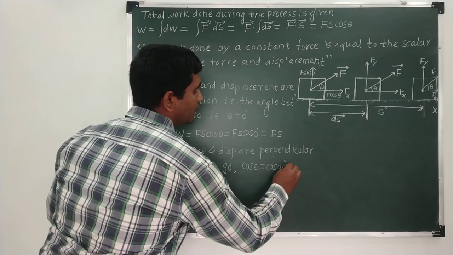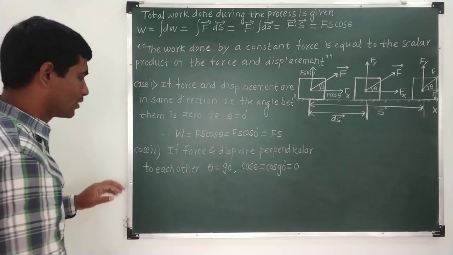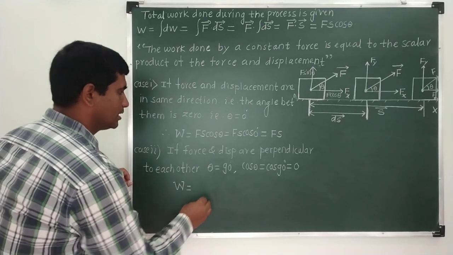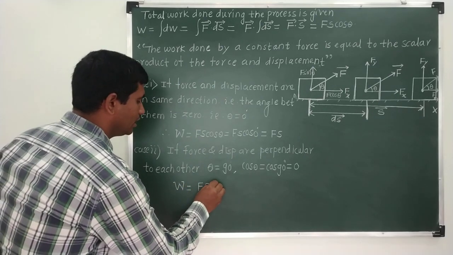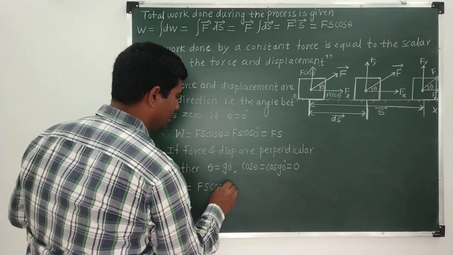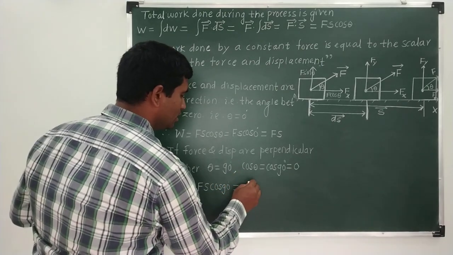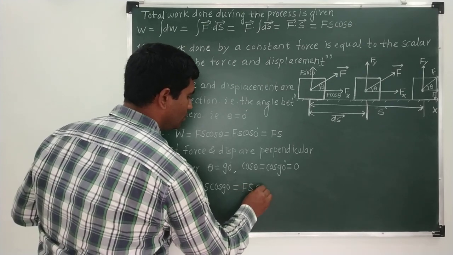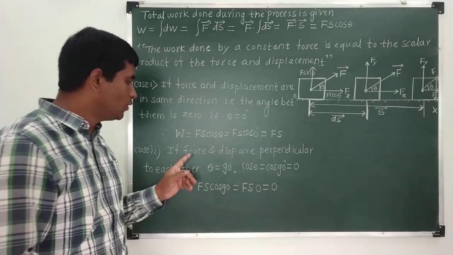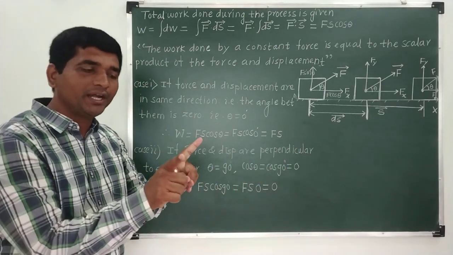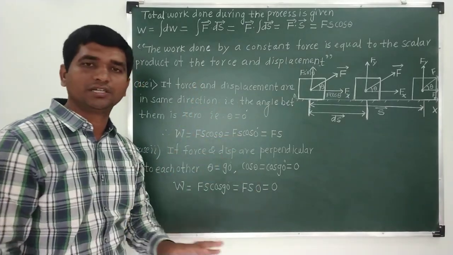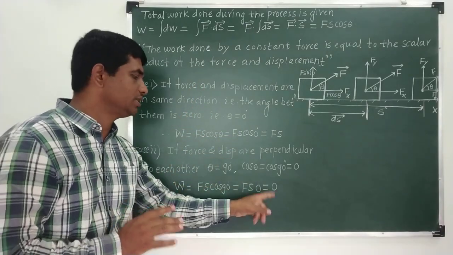What is the value of cos 90? It is 0. So in that case the work done will be F into S into cos 90 degree, so F into S into 0, which is equal to 0. Thus if the force and displacement are perpendicular to each other, the work done by the constant force is 0.